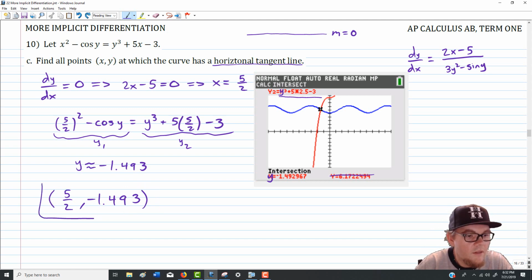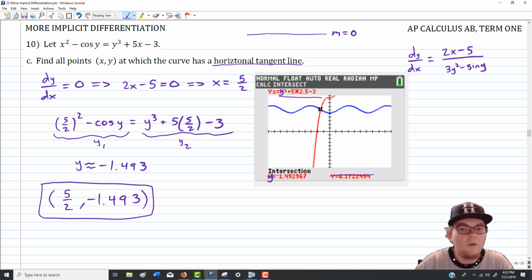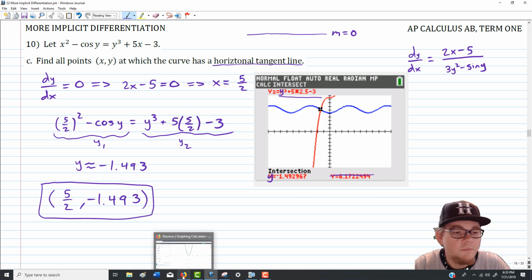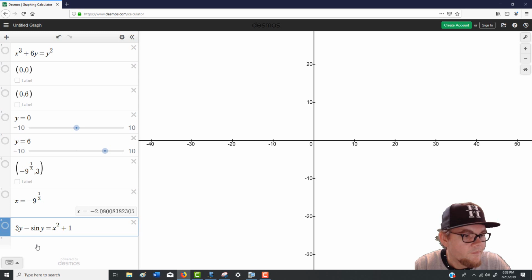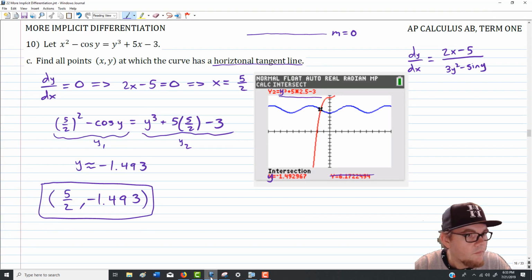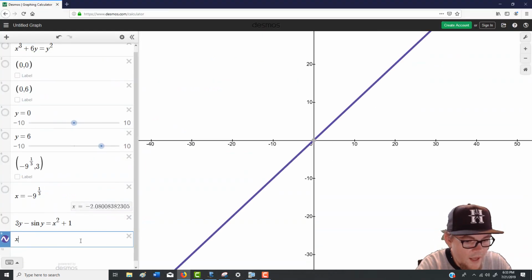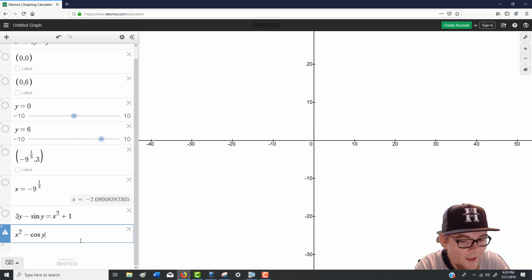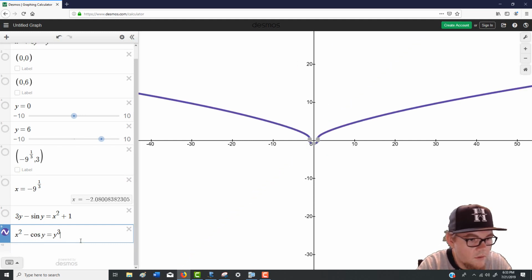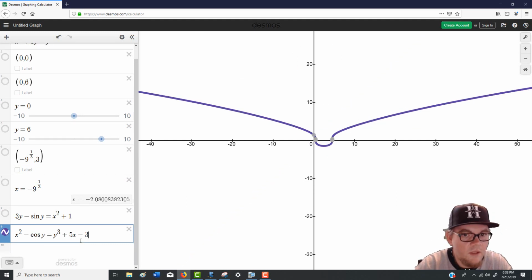So allegedly, there should be a horizontal tangent line at that particular point. I haven't looked at this graph to see if that's actually true, but you know what the heck, we're here. Let's throw it up there and just see what's happening. So I'm very curious. Our equation, x squared minus cosine of y equals y cubed plus 5x minus 3.